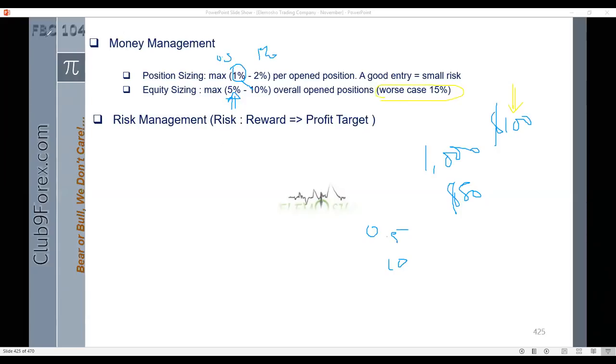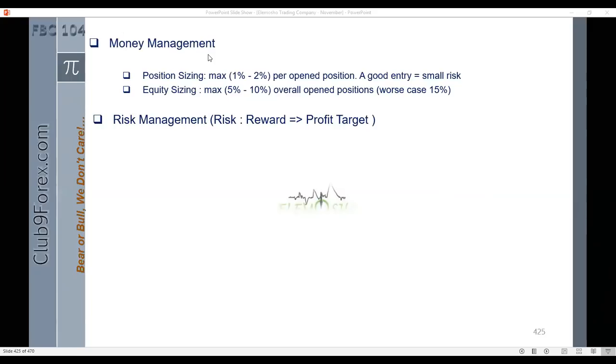Now we are going to go to the model and see how we are going to determine every risk per trade, which is one of the things that most of you Forex traders ignore. As a matter of fact, the most important part of trading is money management and risk management. I won't lie to you.